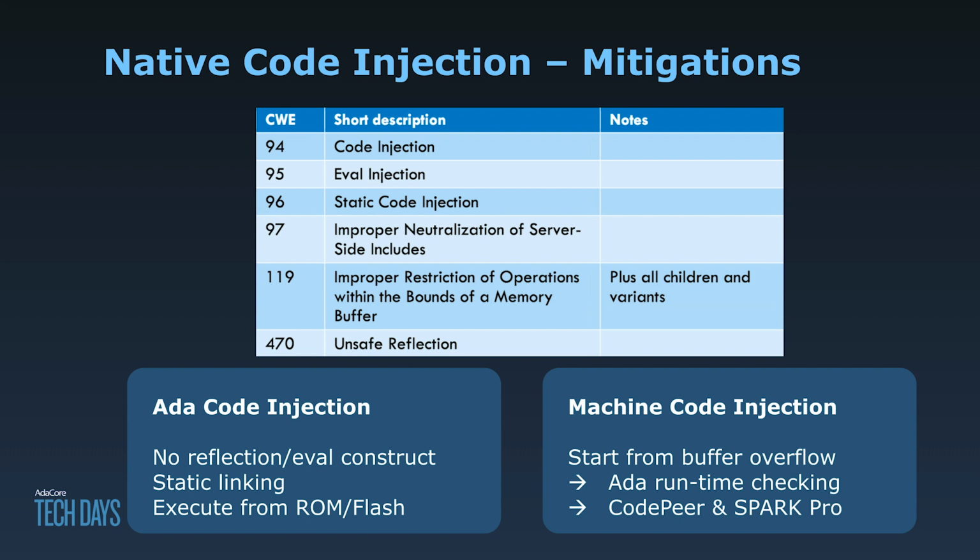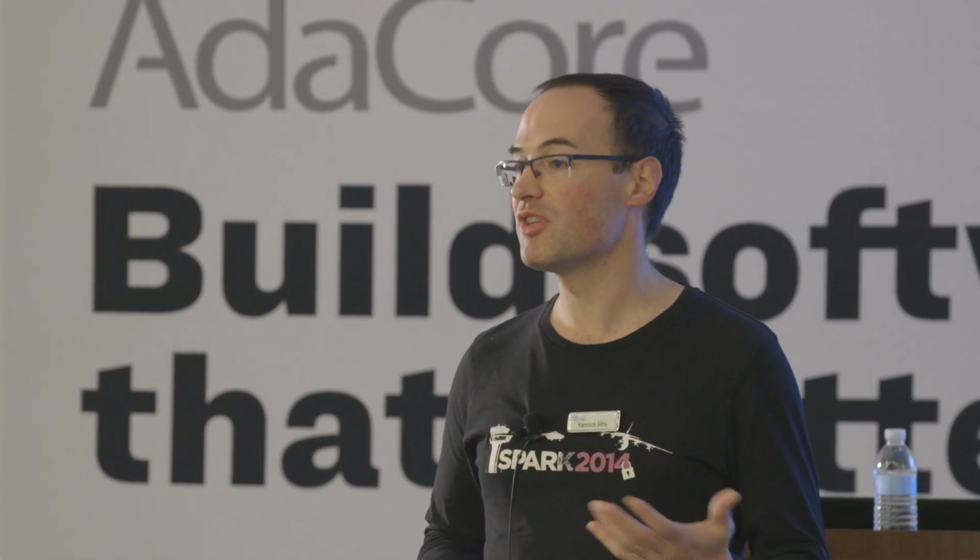That's the kind of thing that typically would be possible if you do a buffer overflow that replaces the return address on the stack. In languages like C and C++, you have many dynamic solutions that are not complete. So you have execute or write protection, you have stack canaries, you have many of these solutions, whereas in Ada, you can have a much stronger solution that just builds on the Ada runtime checks.